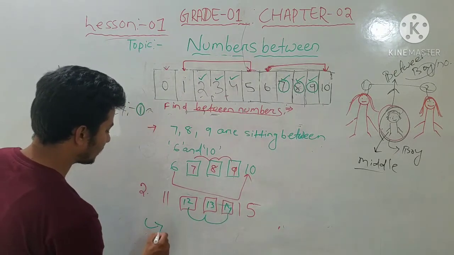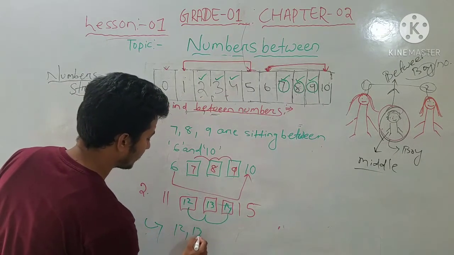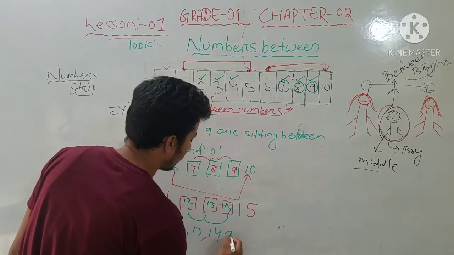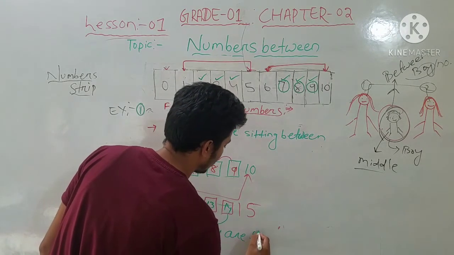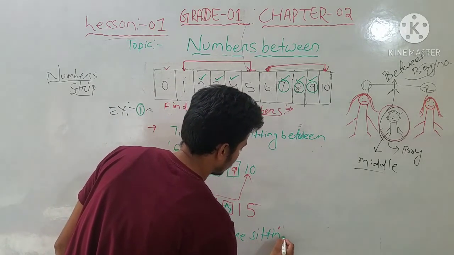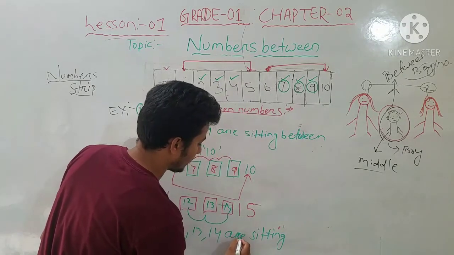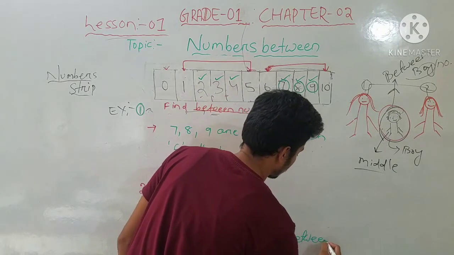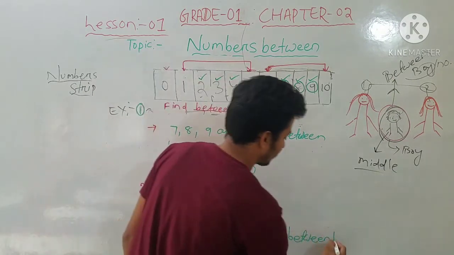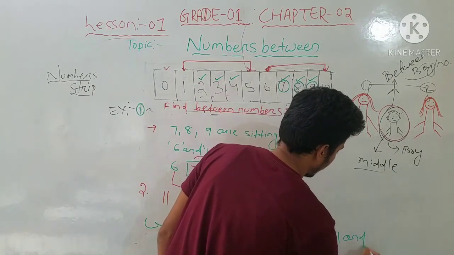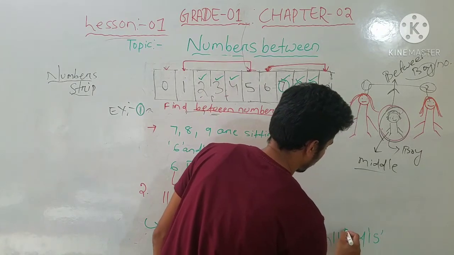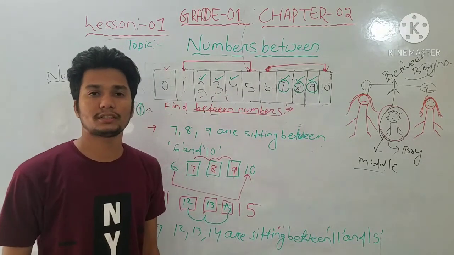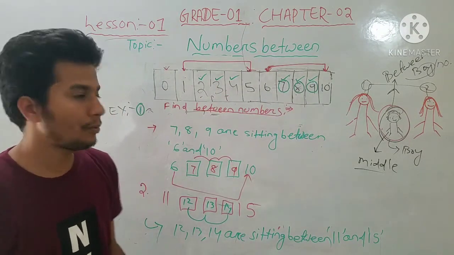So we can write 12, 13, 14 are sitting between 11 and 15. Understood students? I hope all of you understood.